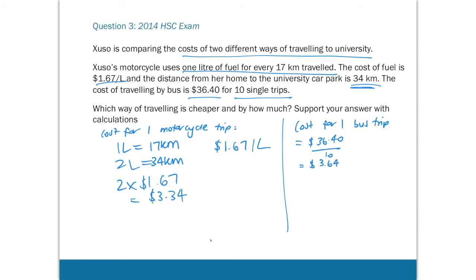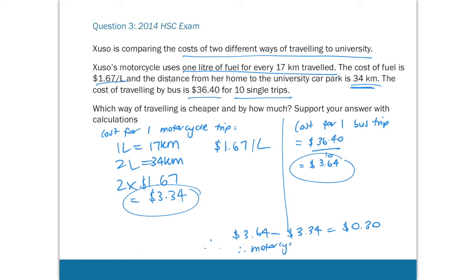So therefore, we compare the two, it's cheaper to travel on the motorcycle, but by how much? So we go $3.64 minus $3.34, which is 30 cents. So therefore, the motorcycle is cheaper by 30 cents. And you can write it using the dollar sign or the cent sign, it doesn't matter.